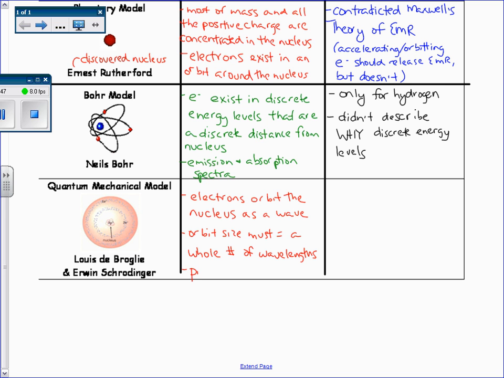And there's probability involved in finding the electrons. And I'm going to put this under limitation, but it's not really a limitation of the model. It's just something that came out of the model, was you can't know.